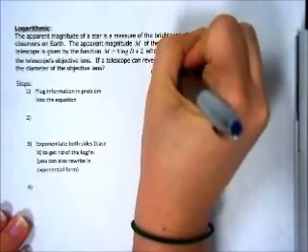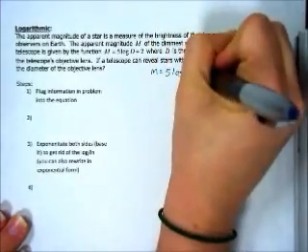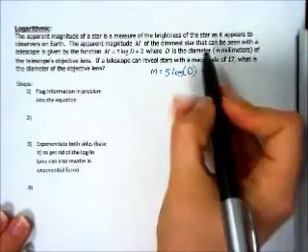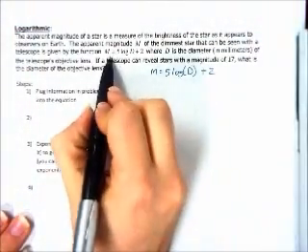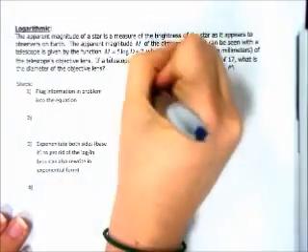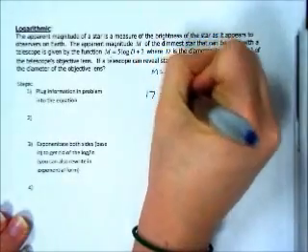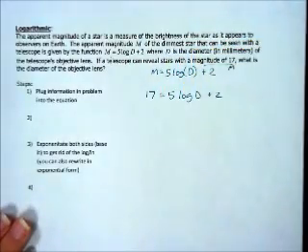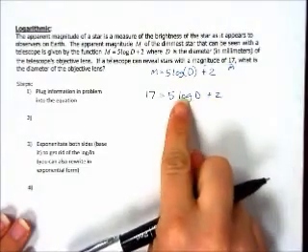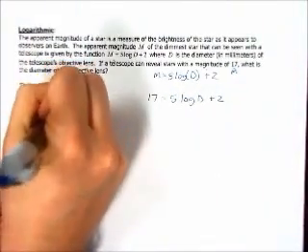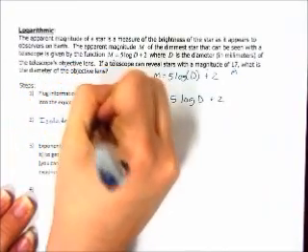Again, the first step is to plug information into the problem. We're given the equation m equals 5 log d plus 2. The d belongs to the log; d is the diameter, m is the magnitude. It gives me a magnitude of 17, so 17 equals 5 log d plus 2. We want to solve for d because we want to know the diameter.